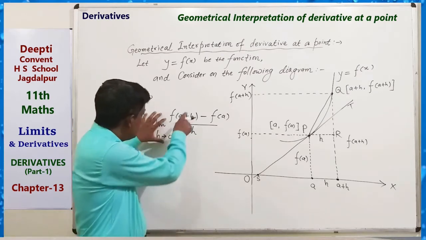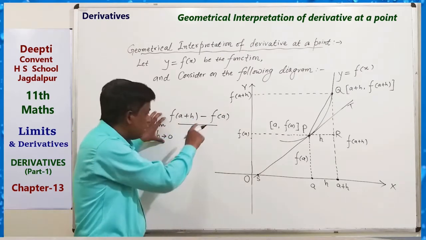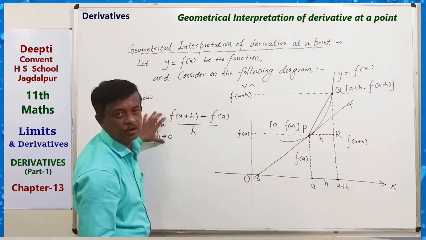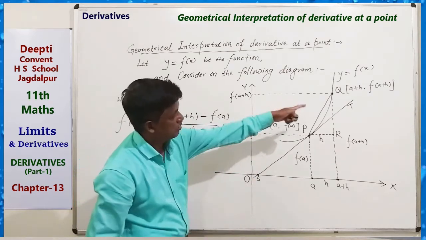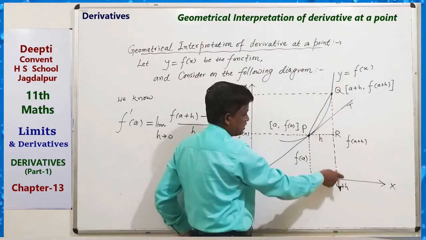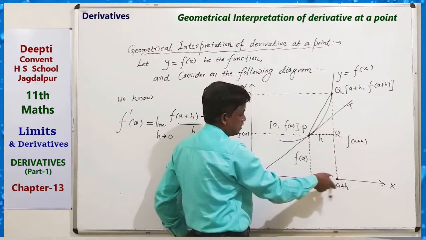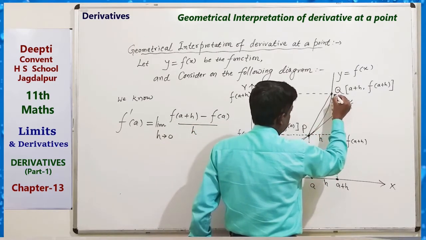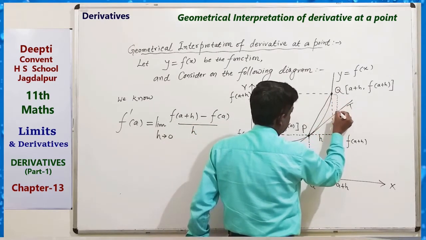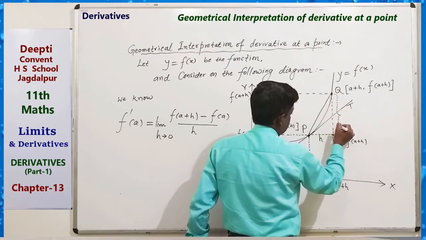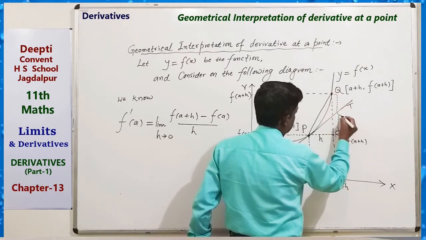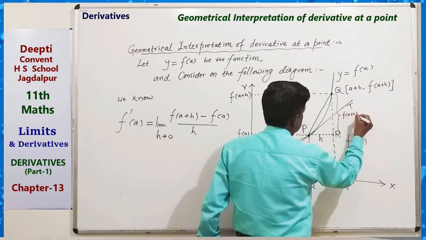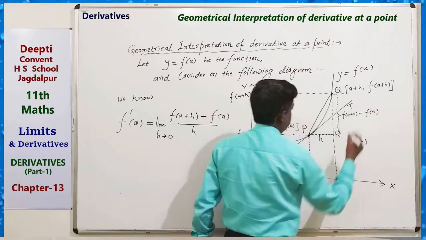Now just see only this portion, f(A plus h) minus f(A). What is the value here? Q1. Here Q1. This is f(A plus h). This is f(A). So this value is f(A plus h) minus f(A).